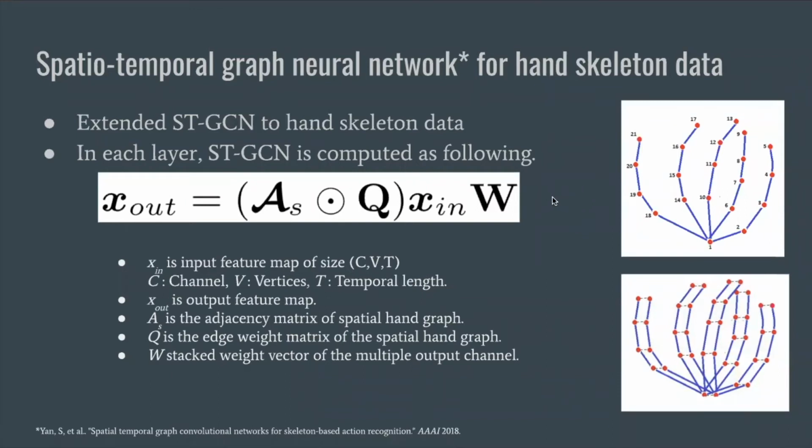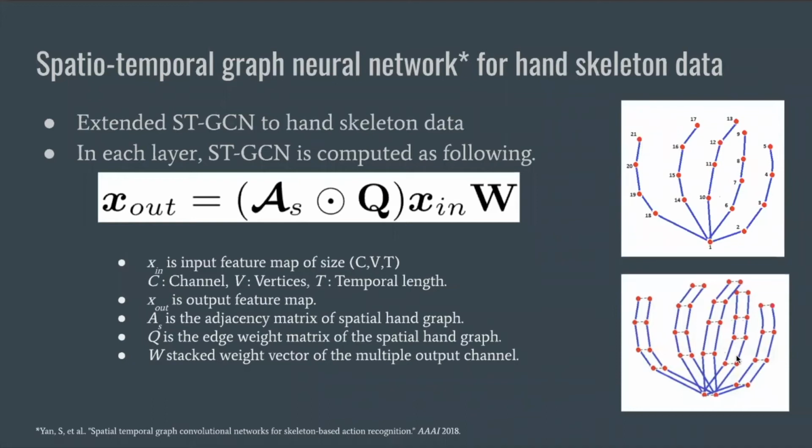So as I mentioned before, we are using this hand graph. This is the spatial hand graph, and the spatio-temporal hand graph is designed, which is the lower figure. So basically in consecutive frames, we are connecting each hand joint using a line graph in different time frames. So thus we design the spatio-temporal hand graph.